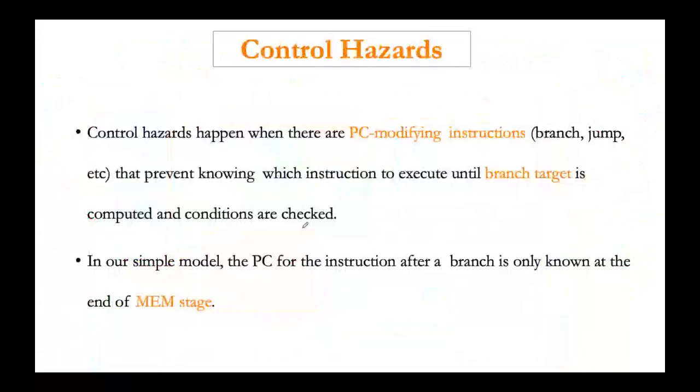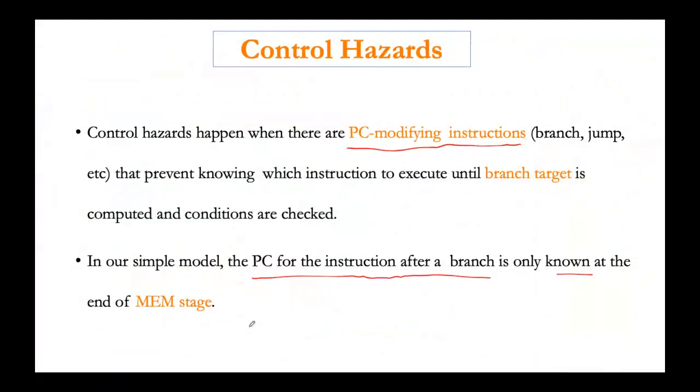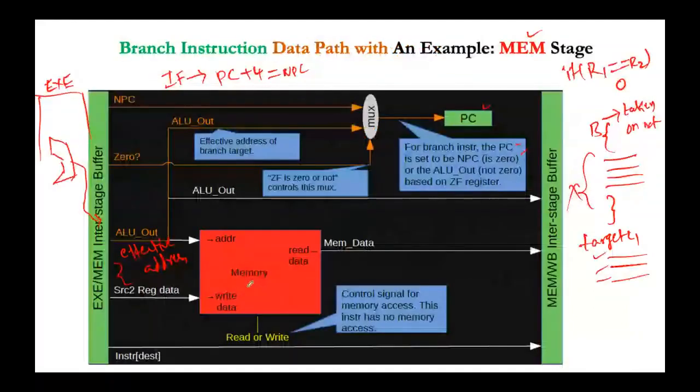It says the program counter for the instruction after a branch is only known at the memory stage, because your program counter will be updated here. Your program counter will be updated here, right?